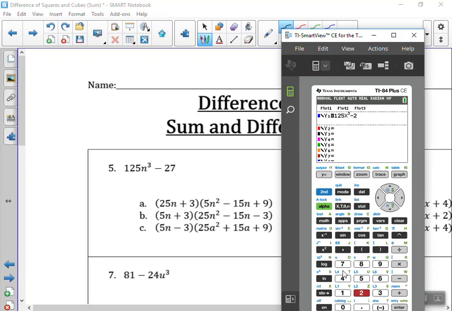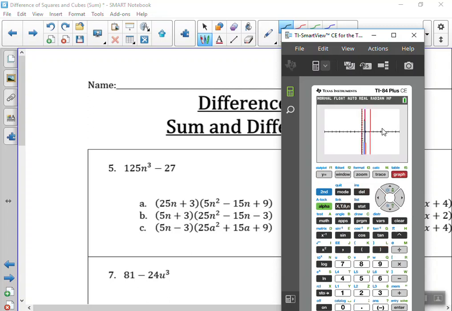Minus 27, and then before I hit graph, go to y2, and then graph your answer choice. I know it's not A, but I'm just going to try it. 5x squared minus 15x plus 9. Close your parentheses and just graph.